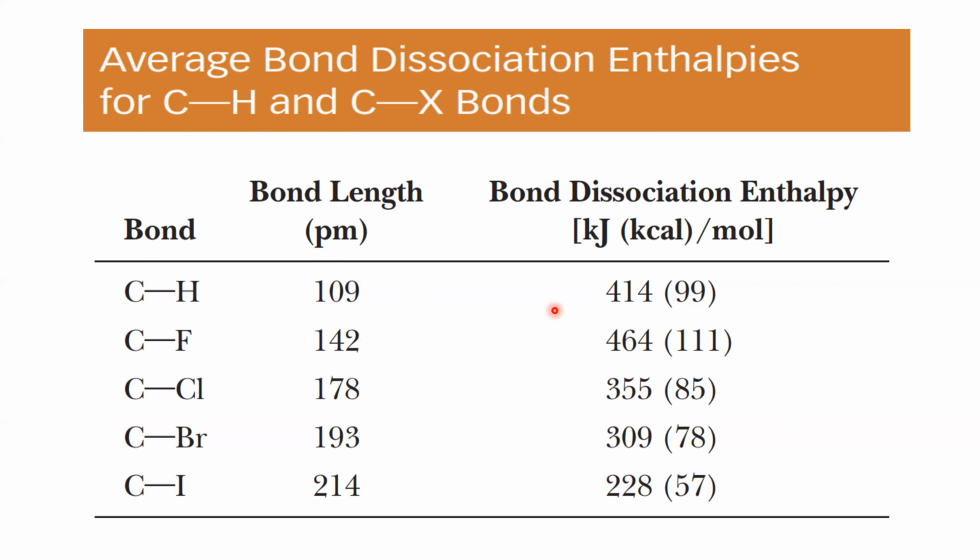Its bond dissociation enthalpy, meaning the energy required to break that bond, is 414 kilojoules per mole, or if we mention it in kilocalories per mole, that is 99. So if we compare with the CH bond and look at the halogen cases, this is straightforward for the carbon hydrogen, right? That's why the carbon hydrogen bond is harder to break as compared to the halogen one.